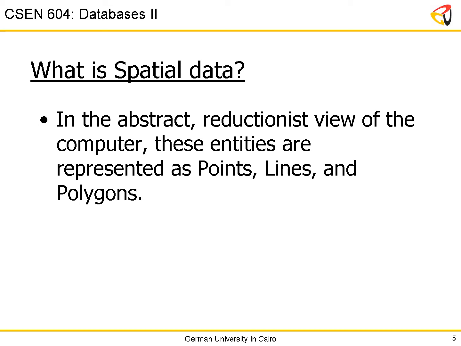Perhaps the line is a street or an oil tube carrying oil from one location to another. And the most sophisticated, I would say, spatial data type is the polygon. The polygon will describe accurately any other shape we're interested in representing apart from points and lines.